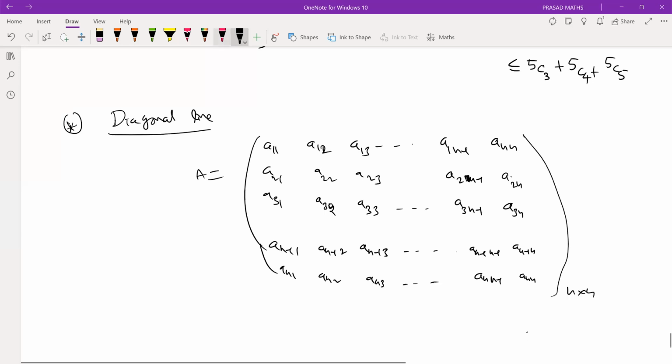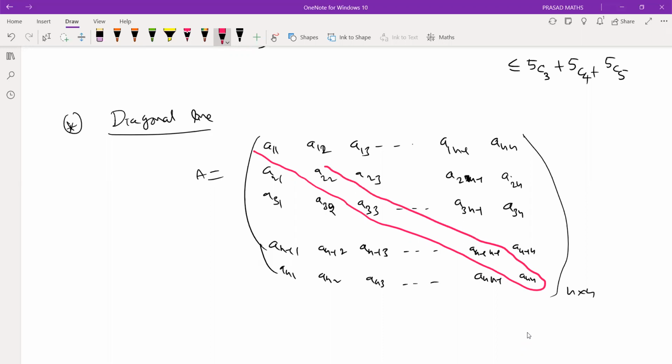You know what the principal diagonal is? Any line along these diagonal elements. This is the principal diagonal. So what I require is a super diagonal.